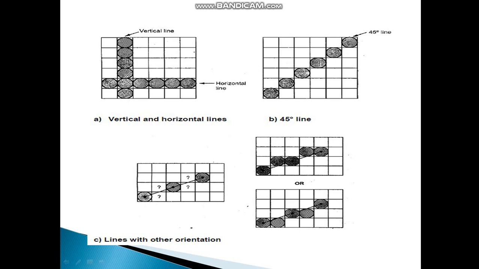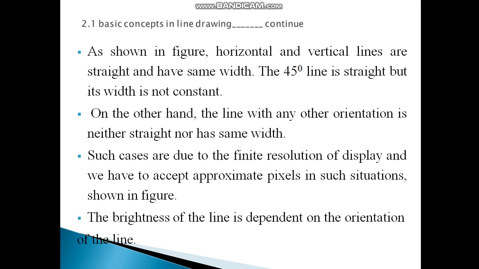And see, lines with other orientation means they are neither vertical nor horizontal. As shown in the figure, horizontal and vertical lines are straight and have the same width, but the 45-degree line is straight but its width is not constant.